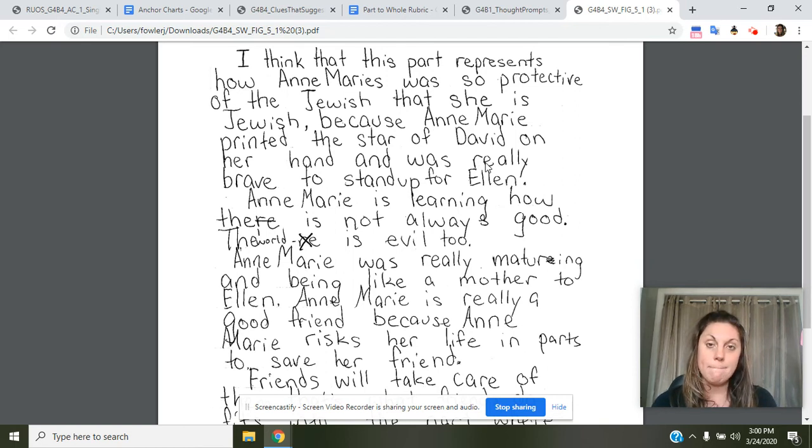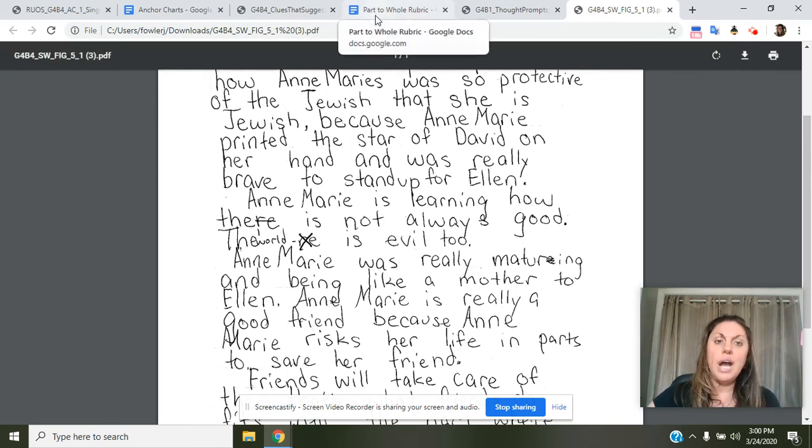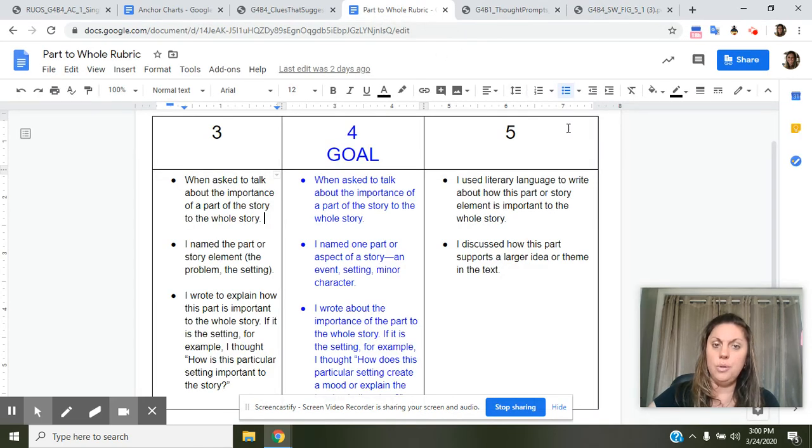I want you, just like I asked you to do yesterday, if you did it, to ask yourself if you got a chance to look at the part to whole section that I included. Maybe discuss what part you think it is. And then I want you to write a little bit longer about why you think that part is important.